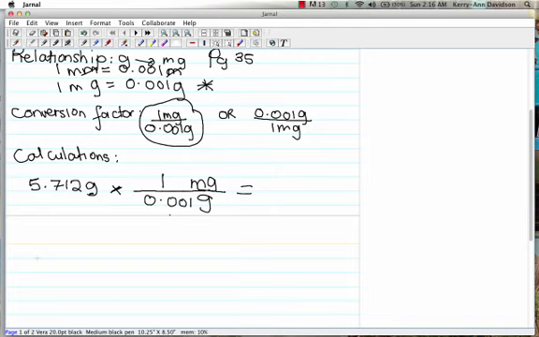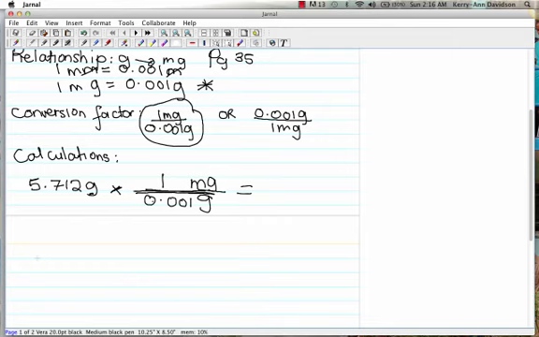How are you going to do that? Because people get this far and mess up. So how are you going to do that? Punch in 5.712. Press times. Go across to 1. Of course, duh. You're going to get back the same number. Okay? Then you're going to hit this button called divide.